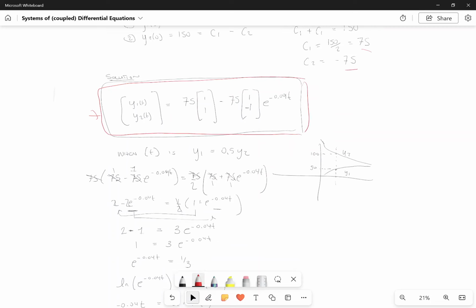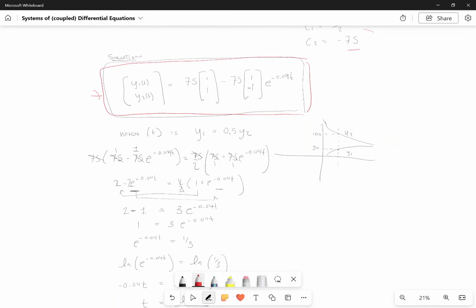Then we asked what the original problem was that we wanted to solve. Here t is time, and this is the amount of dissolved fertilizer in each tank. We asked, when will y1 have half of what's in y2? You can see that with 150 to start with, y1 will have half of y2 at some point.